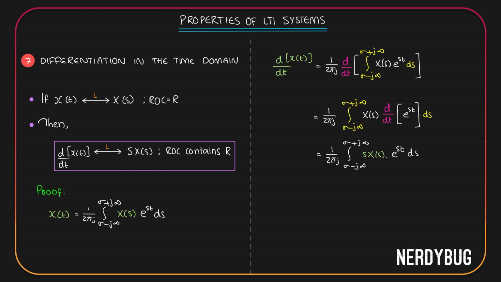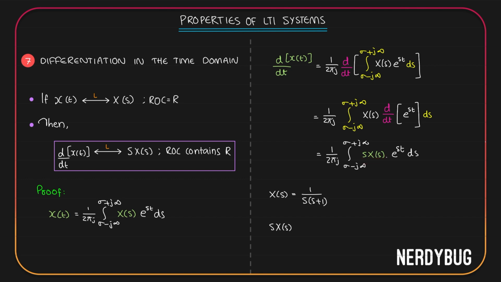In the case of ROC, here also I have written ROC contains R, not ROC is equal to R. To understand that, let's take an example. Assume we have an x of s that is equal to 1 by s into s plus 1. The Laplace transform of its derivative will be sx of s.